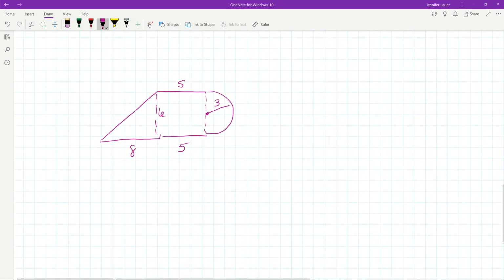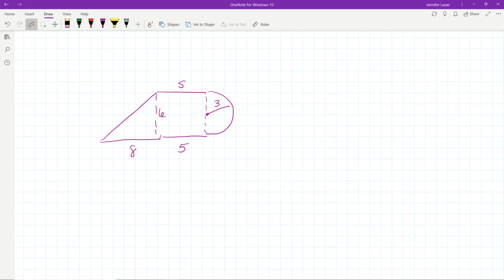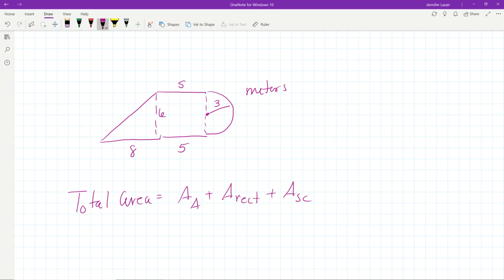So if we look at the total area, it says what is the area of this, and we'll say it's in meters. So your total area is going to be 3 parts here. We're going to have the area of a triangle plus the area of a rectangle plus the area of a semicircle. So then you would write down the formulas to each of these.